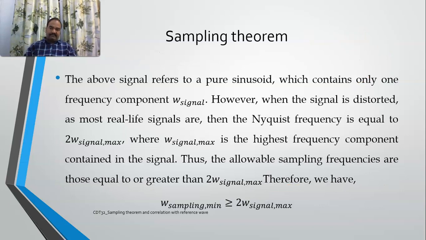Normally, in power systems you don't get a perfect signal which has a single particular frequency. Normally the signals will be like this. So it is not a single waveform, it is not of a single frequency.